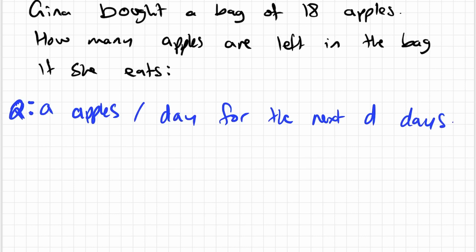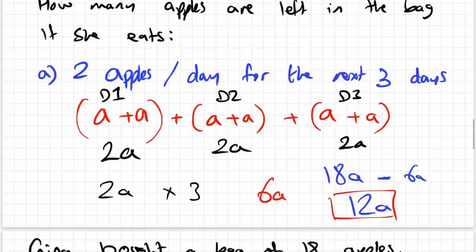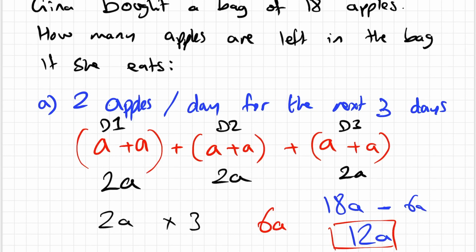How many apples are left in the bag if she ate 8 apples per day for the next D days? If we think about it, she starts off with 18 apples. So let's just write 18A. And we know we're going to minus it. How many apples are left? It's subtraction, isn't it? It's the difference. If you look back, remember what we've done? We took the expression for the day. So for day 1, it was 2A because it was 2 apples per day.